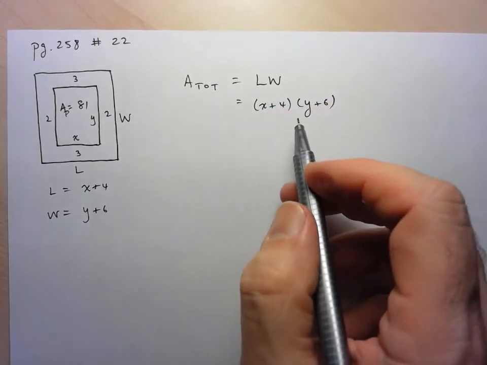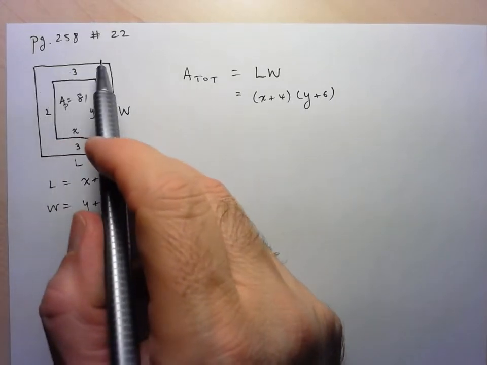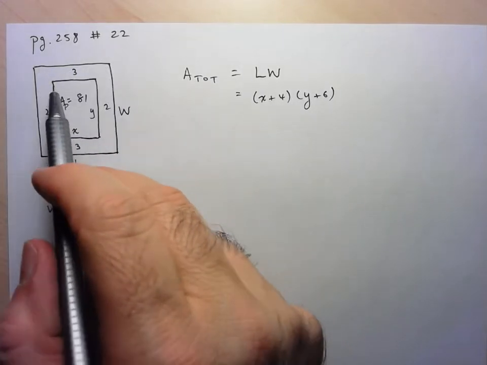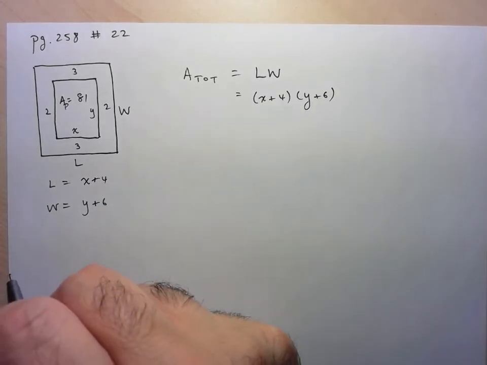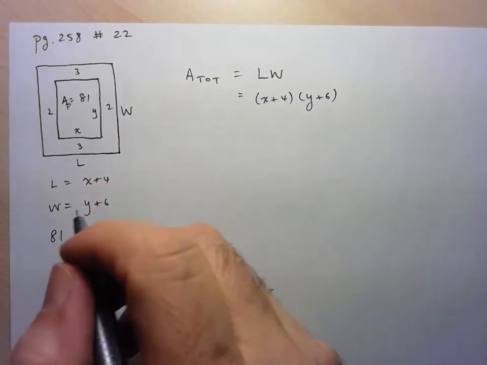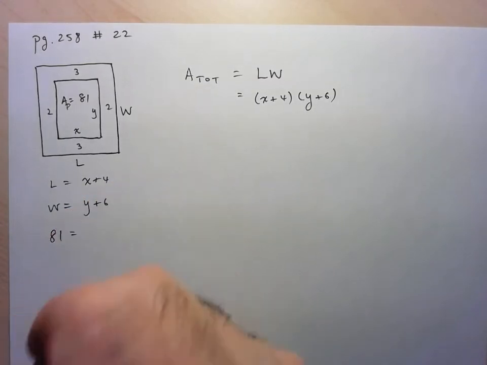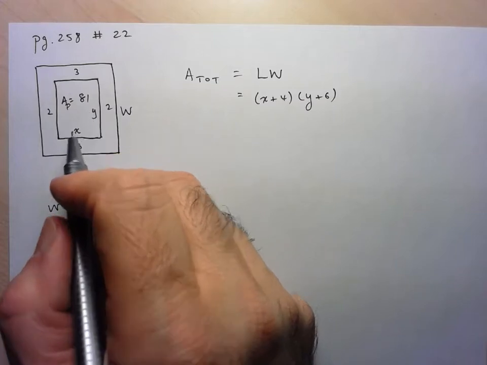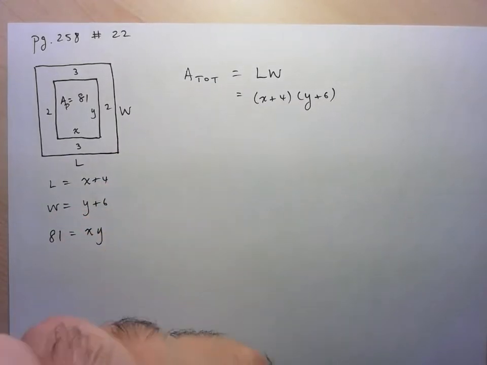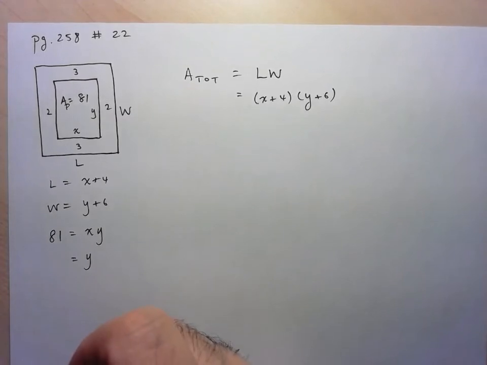Still two variables, but why did I do that? Because the constraint that they give me doesn't have to do with this larger rectangle, but with this smaller one. Okay, and now I know that the area, which is 81, by the way, everything's in centimeters squared, so I don't have to worry about changing units, is going to be equal to X times Y, the area of the smaller one. And so now I can pick one of the variables to solve for.